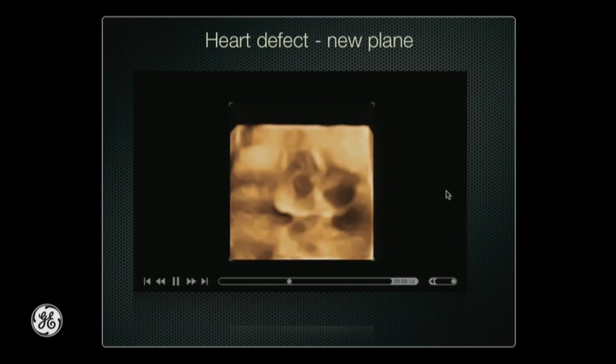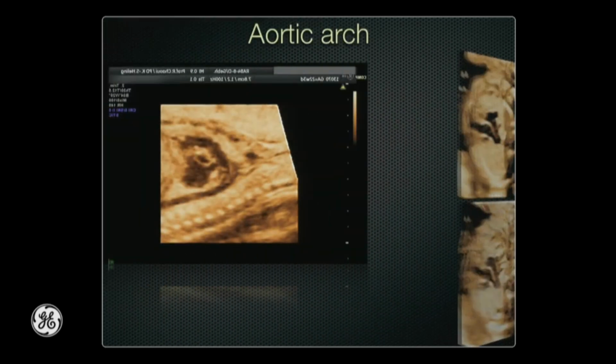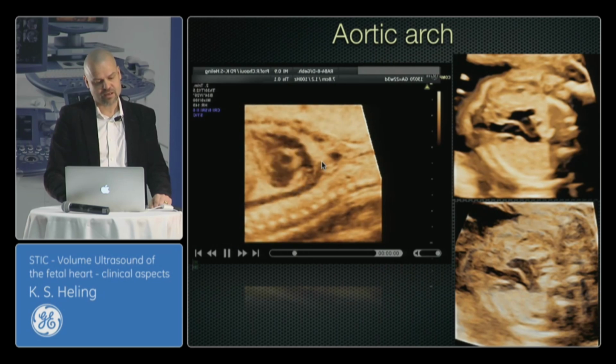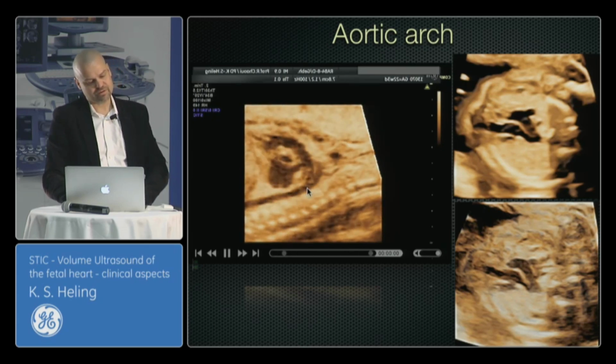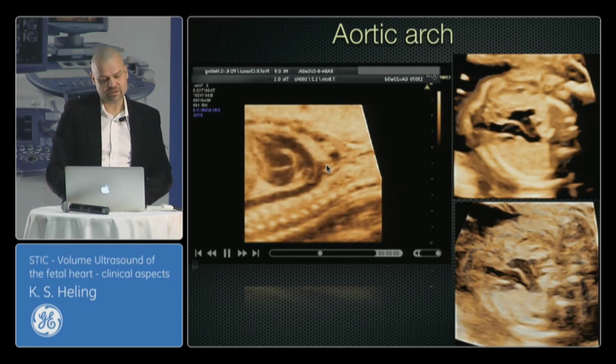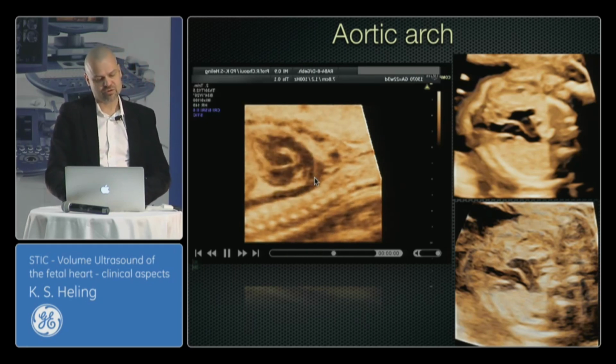Some people like the sagittal planes to examine the arches, and we have an aortic arch and the great vessels to the head arising from the aortic arch. We have a ductal arch. The ductus comes from the pulmonary trunk directly behind the sternum, and we don't like these sagittal planes. With volume ultrasound it's much easier to get images like this for the arches than with 2D.